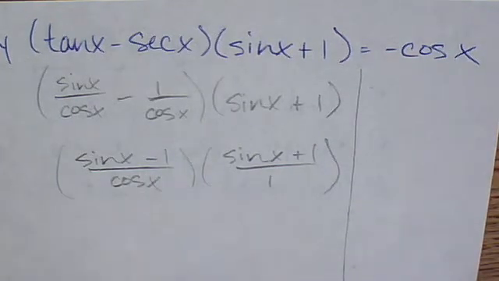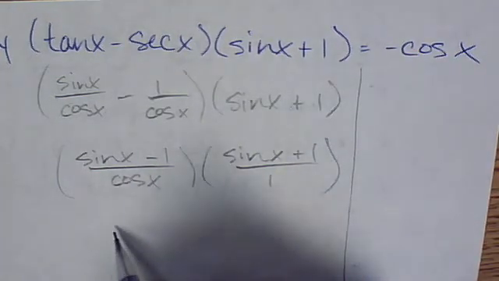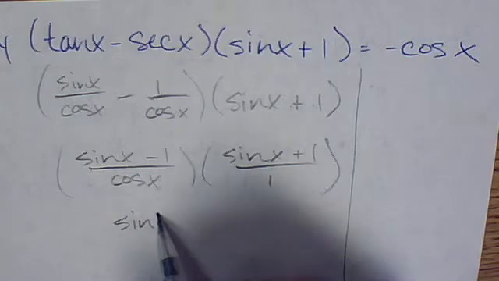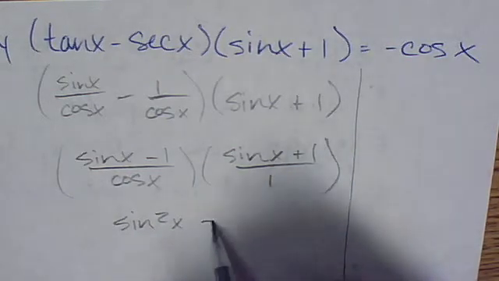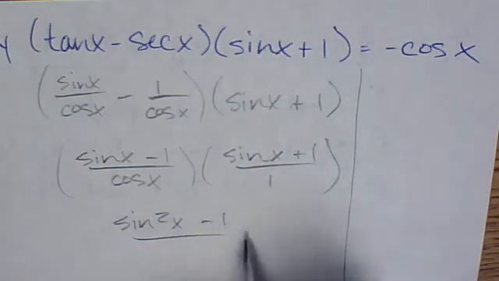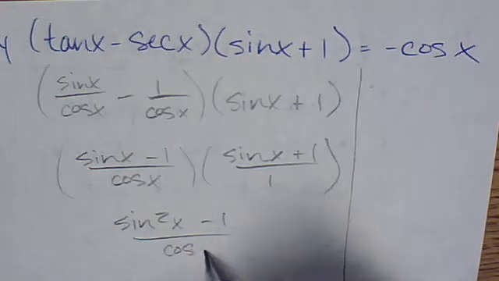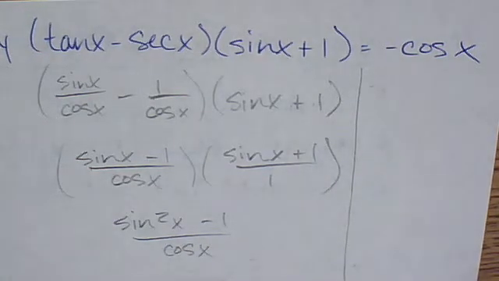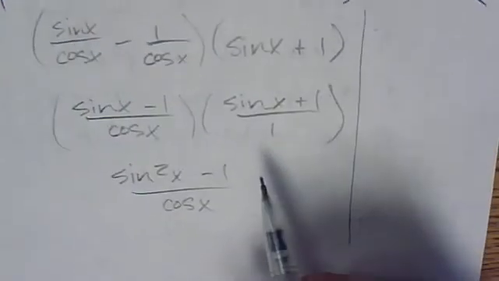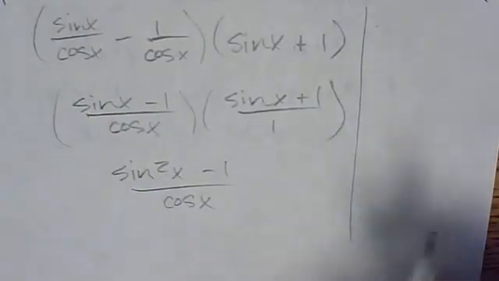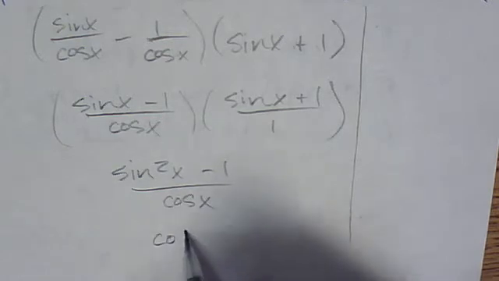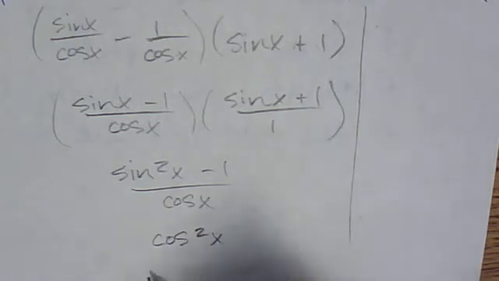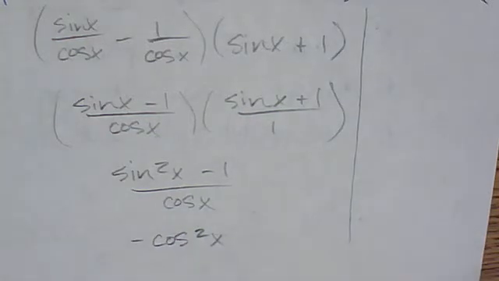Now when I multiply these two, I multiply my numerators, and I get sine squared minus 1 over cosine. Sine squared x minus 1 is negative cosine squared x, so negative cosine squared x over cosine.